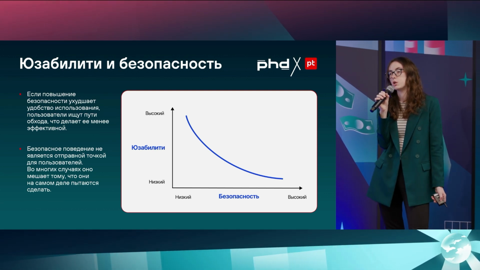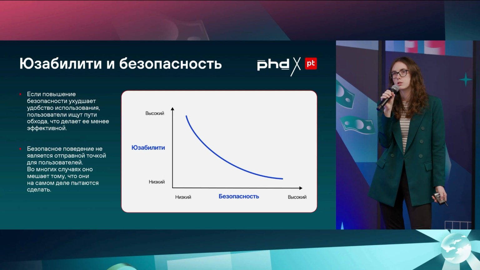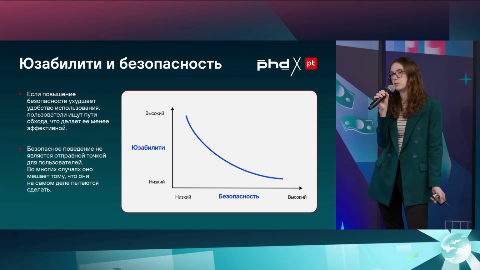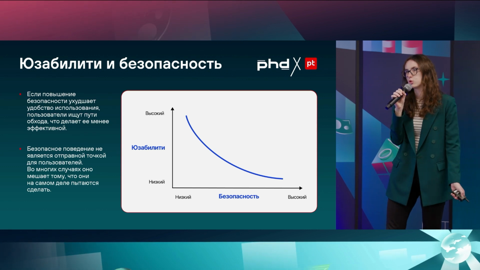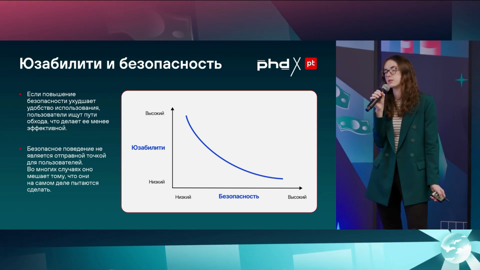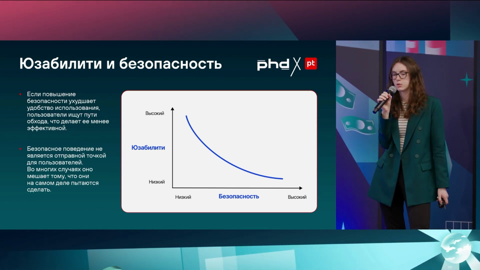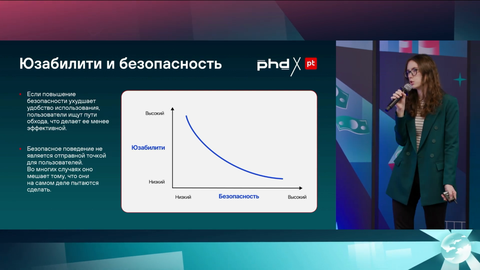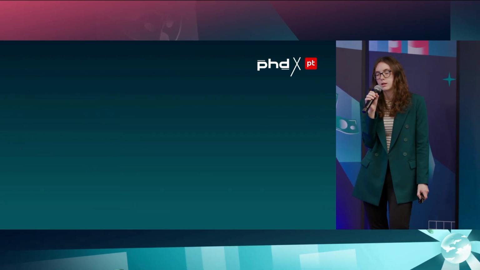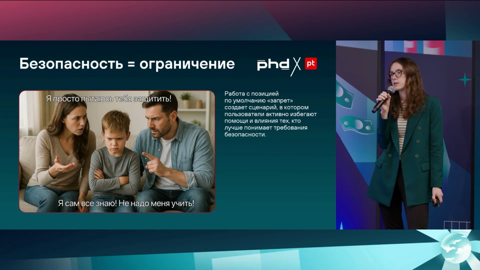Security is not exciting for the user. So whenever a new security feature is implemented, usability goes down, but not for a long time. Users are smart, and they circumvent the security that you have created, and they return to the previous state in this chart.